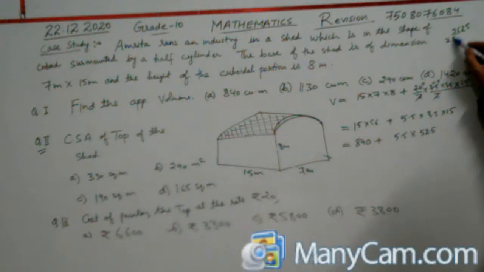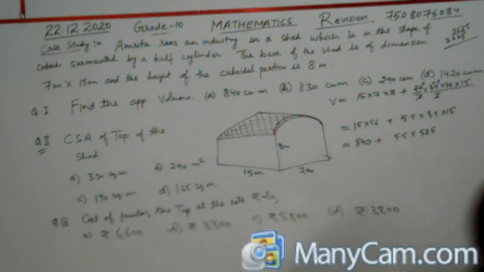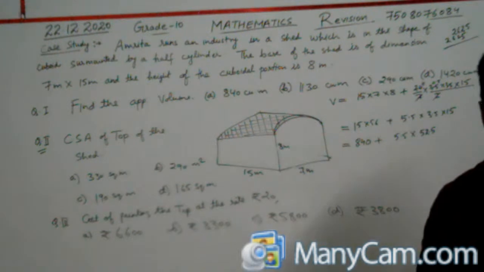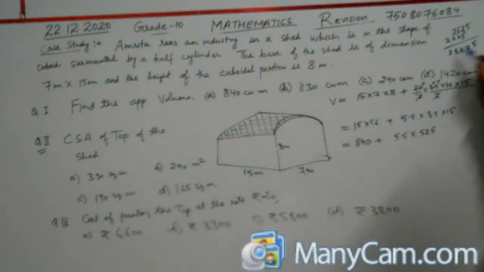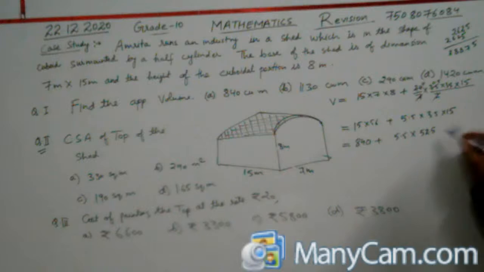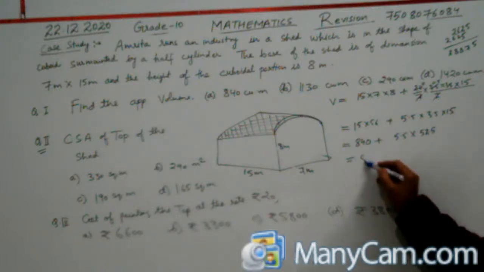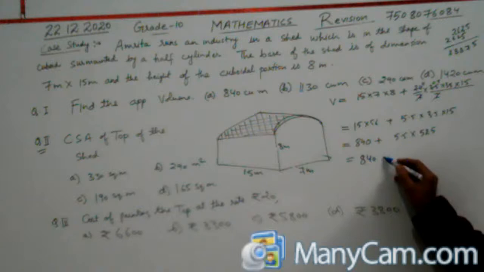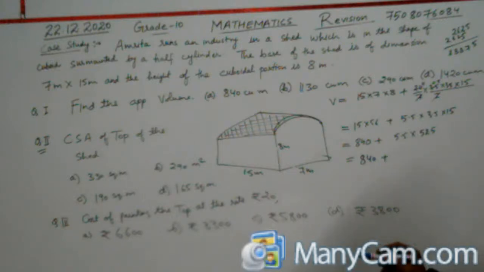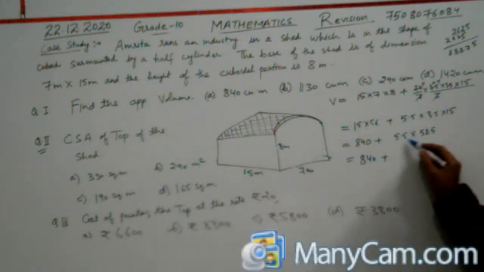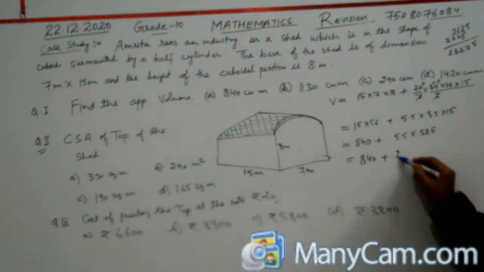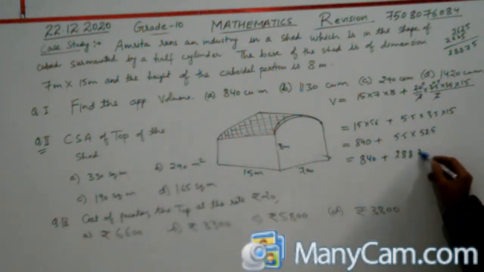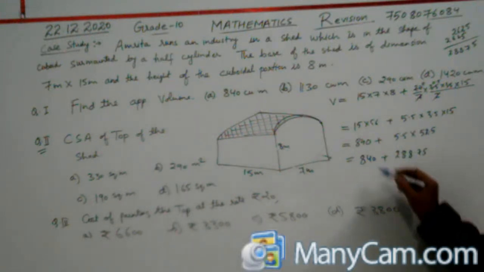So here 2625, right? So near about, what is the value here? 840 plus 288.75, or 289, we can consider 289.